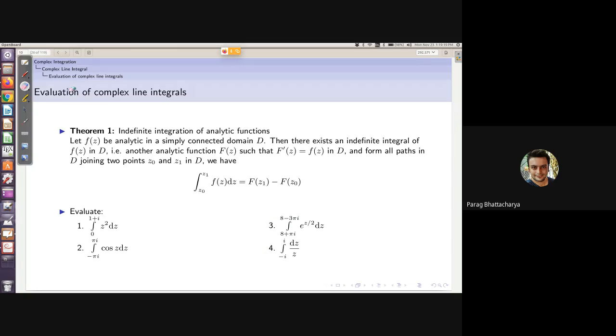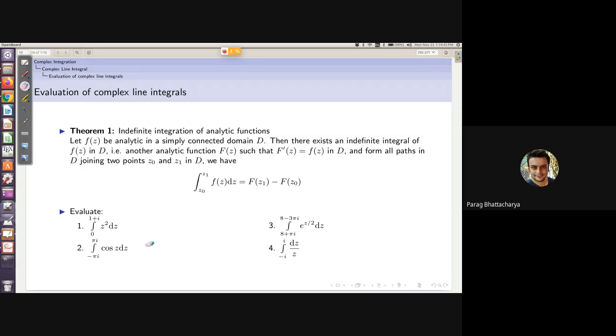So we have some more problems. Please try them. Number two, can you try number two, all of you? I guess you'll have to use those relations which I had given in the first class, some basic trigonometric relations for complex numbers.